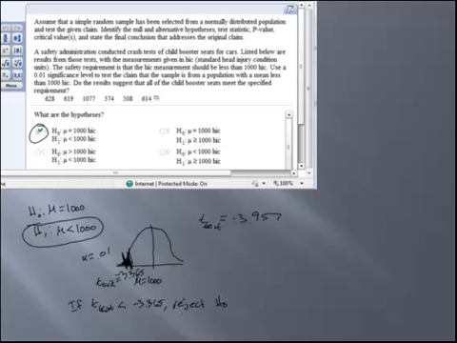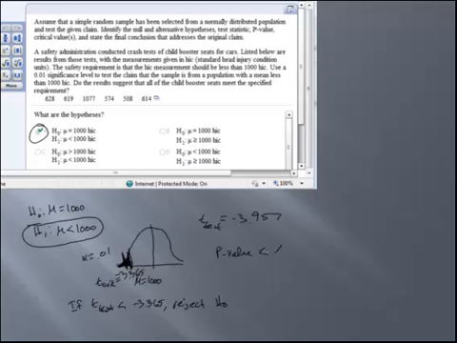Another way that we could address that is by looking at the p-value. The p-value is the area under the tail outside the test value, which is going to be less than the area in the tail outside of alpha this time.